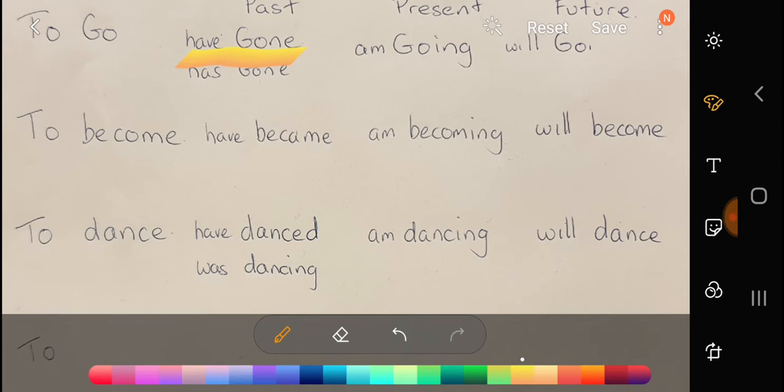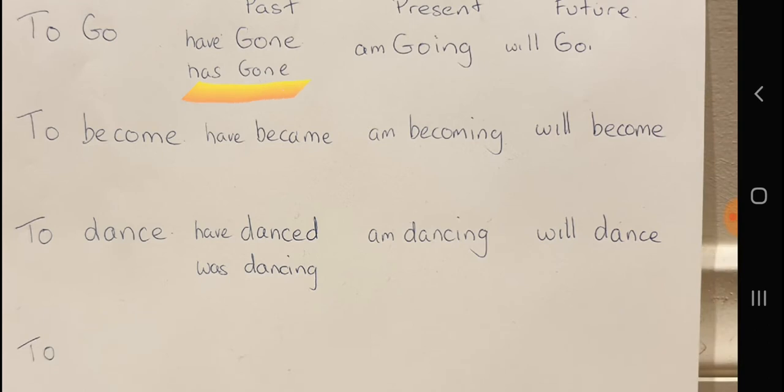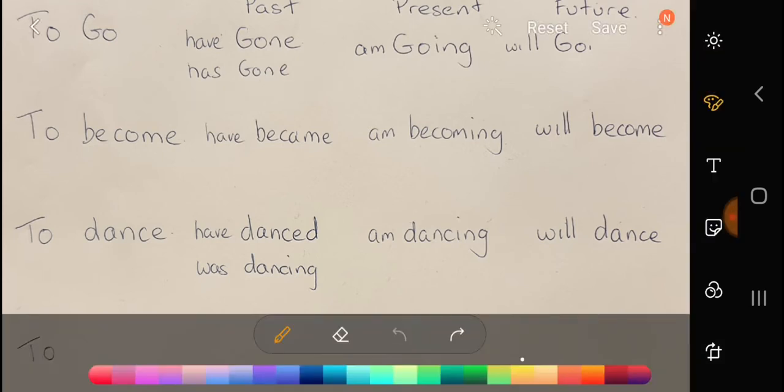With "have," we use "has gone" for another person. So this one would say I have gone, or someone else, they have gone. Or if you want to put a person's name in front of it, like Jimmy has gone.